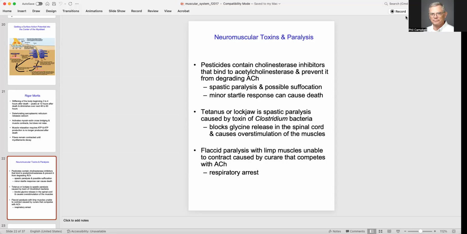So remember, it's all about the synapse. We have our presynaptic neuron communicating to our postsynaptic muscle cell. Remember that within that synapse, not only do we have the receptors that bind to the neurotransmitter on the postsynaptic membrane, we also have this large amount of enzymes which rapidly degrade those neurotransmitters.